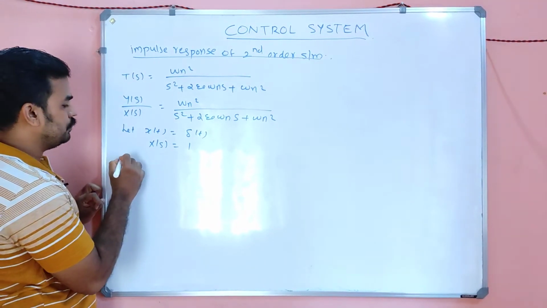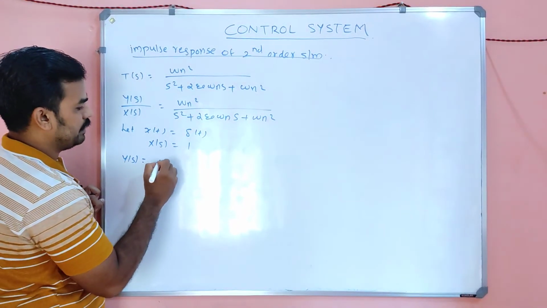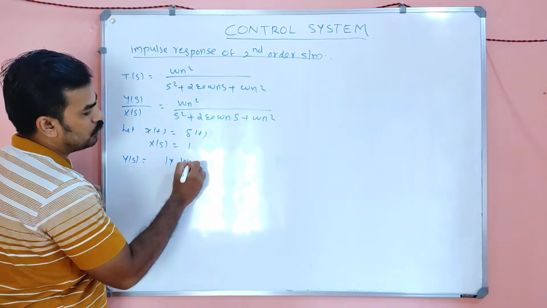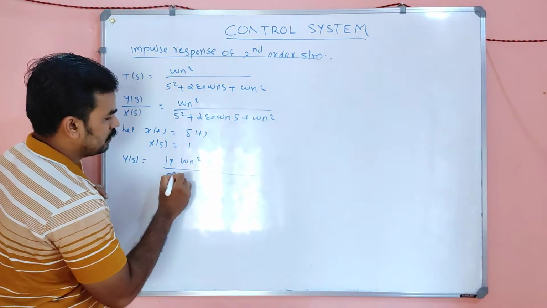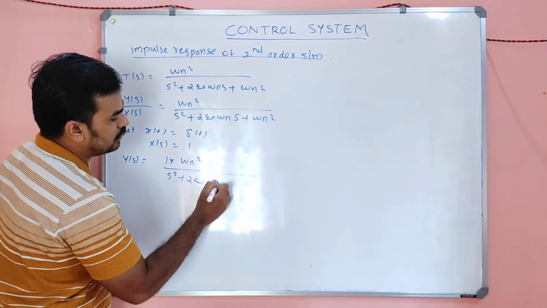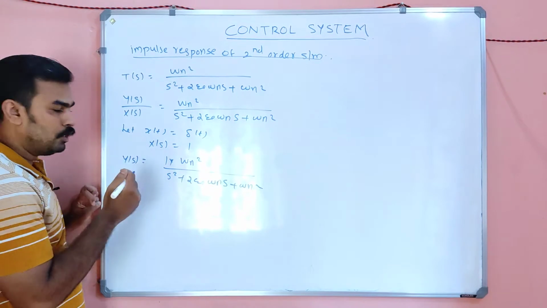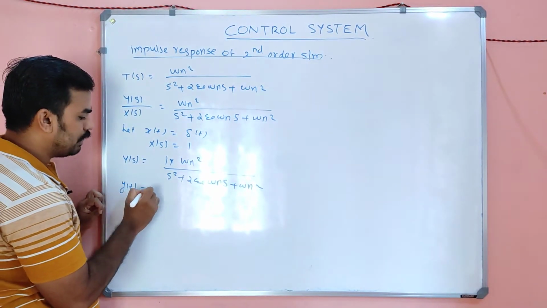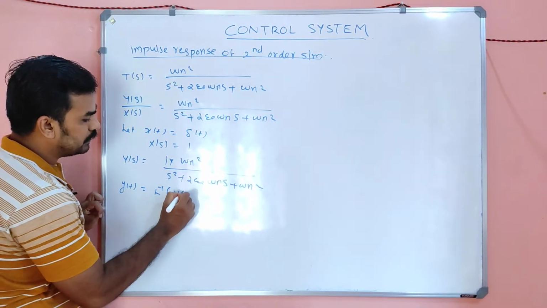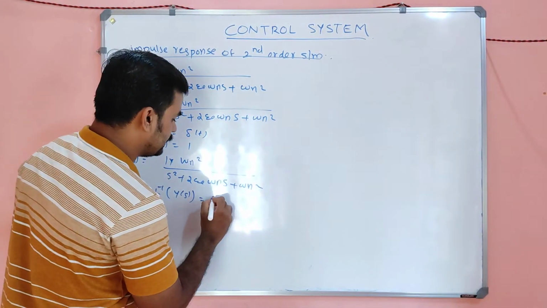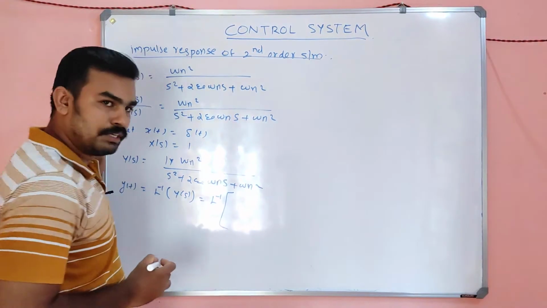So substitute this value, Y of s becomes 1 into omega n square divided by s square plus 2 zeta omega n s plus omega n square. And if you want to find y of t, you have to take the inverse Laplace of Y of s. For that, you need to factorize.